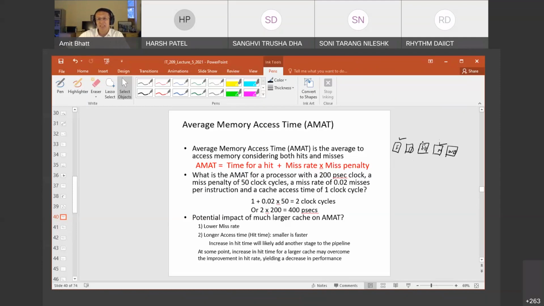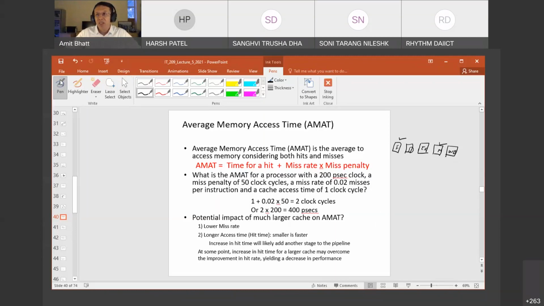But if there are misses and you have to go to some other level, then your performance would start degrading. And that is why it is very important to write a cache-friendly program. Otherwise, if you have written a nice program for gaming, and there are lots of misses during the fetch stage and more often than not in the data access stage, then nobody would want to run your program. They would say this game is useless. It's very jerky, the picture rendition is not good, and so on and so forth.